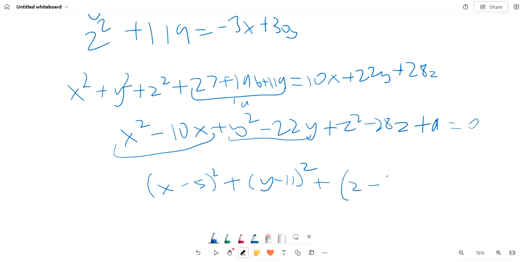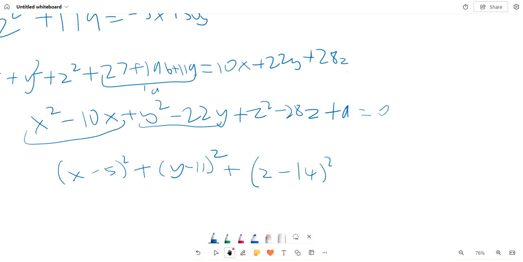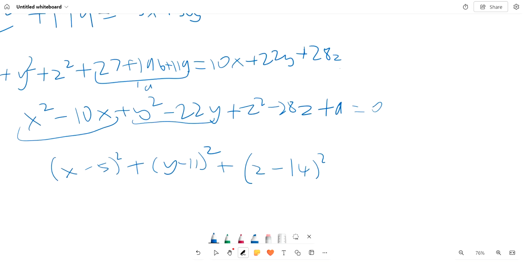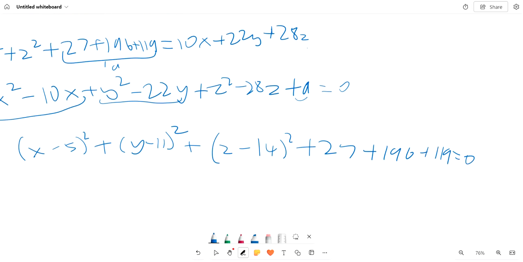So if we just had a 196 right there, we could make it into that, but we don't have it except for an A. So we expand A out again. Plus 119 equals 0. But we have to subtract some things because, for example, from here, we have to subtract 121 because we added a 121 in, but we never subtracted it.